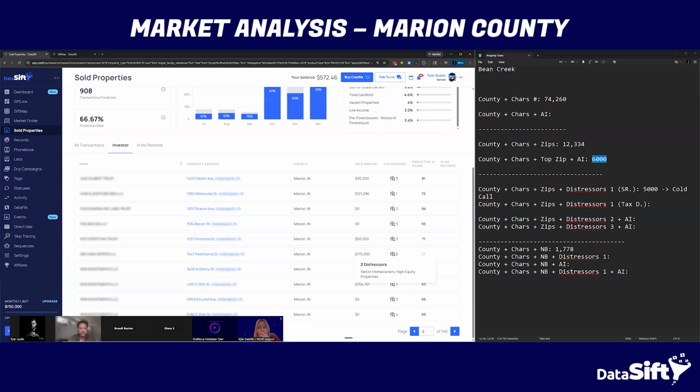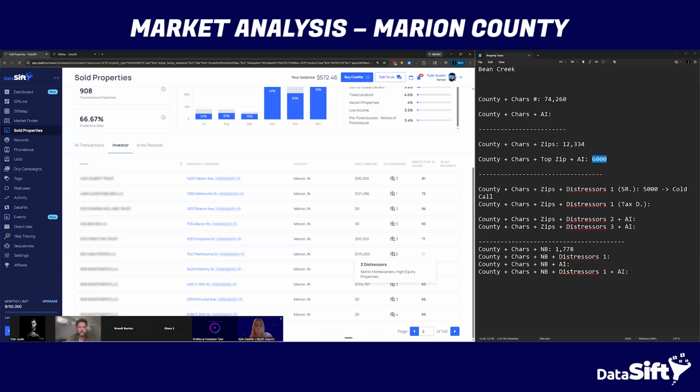So in this example, you want to know what this probably was? This was probably a gentleman or a lady who owned their property outright. They had high equity. They've never had credit card debt. They paid their bills and they died. And they became an obituary, but they never filed probate. They never did anything. Someone got a hold of them and bought the house, right? Maybe it was in a trust for all I know at the time.